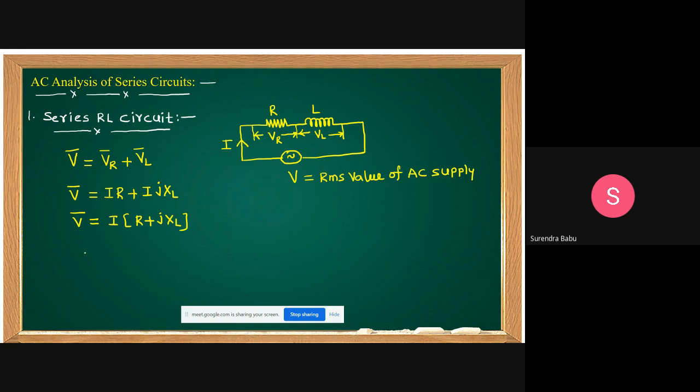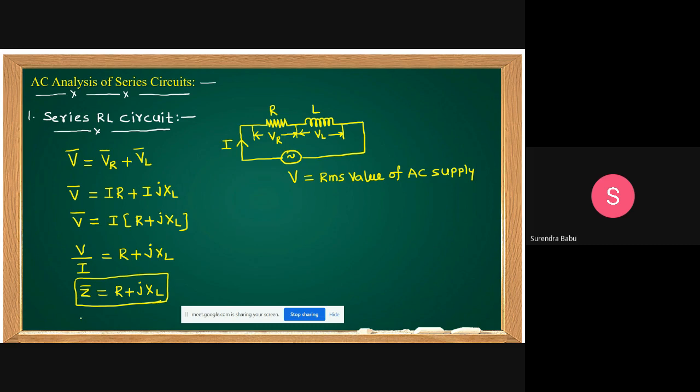Then V by I equal to R plus jXL. What is V by I here? Z. Z equal to R plus jXL. This is the impedance of the series RL circuit.